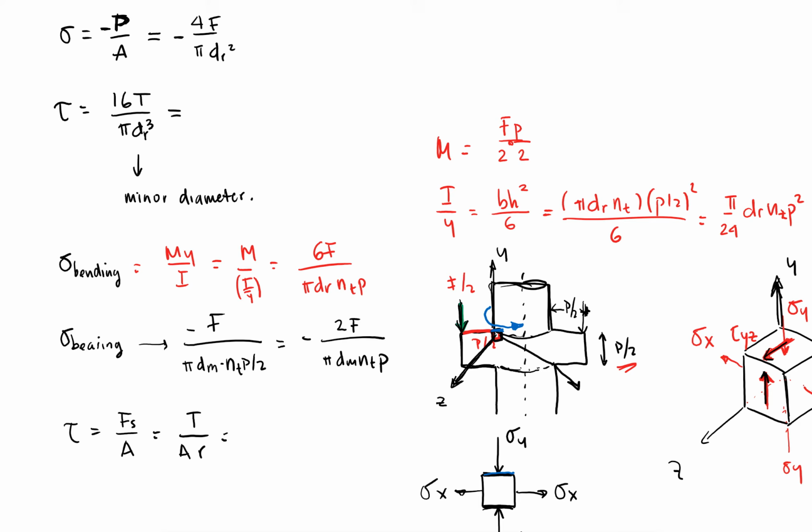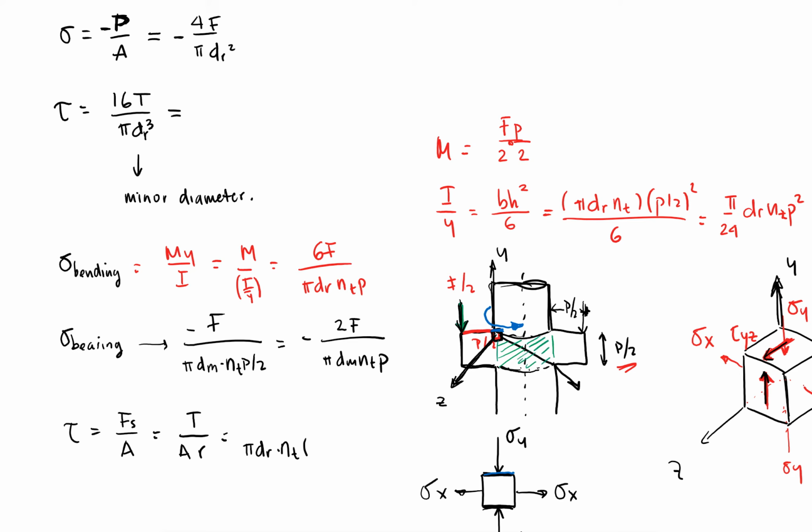So area would be the circumference by dr times however many threads the nut is making contact with the screw, and times this distance, this height right here. So it would be this area that I'm referring to.